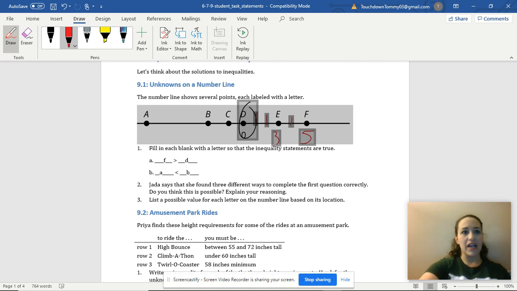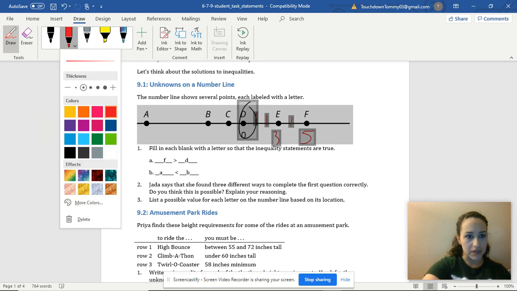So then if I'm looking on the negative side there, and I'm hoping I can switch colors. Yeah, there we go. We'll go blue. So behind the 0 to the left side, we start counting again, 1, 2, 3, just like we would in the positive direction, but going away from the 0.